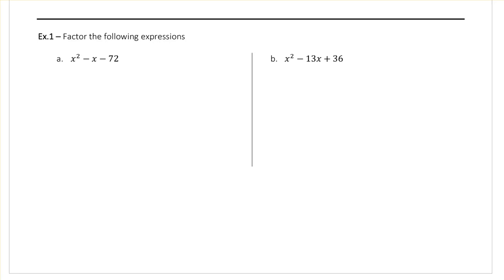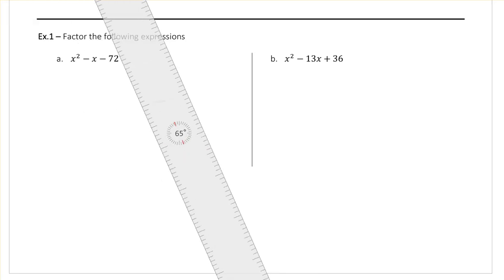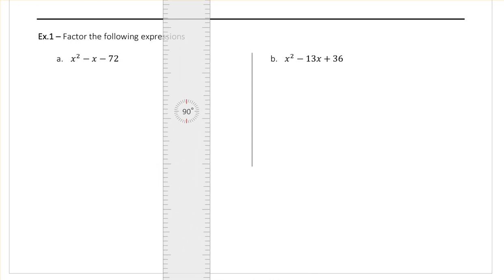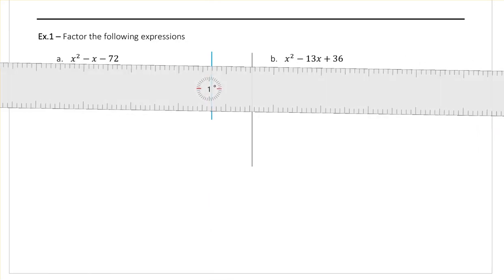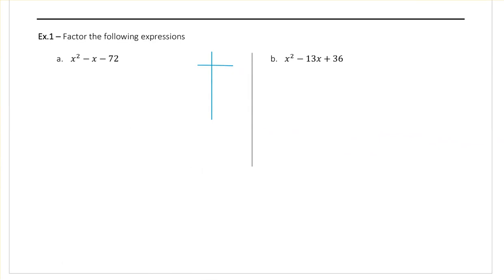What I would do first when factoring is draw yourself a little t-chart off to the side of your problem, like so. Remember we're looking for our 2 magic numbers. Our magic numbers need to multiply to our c value and add to our b value.